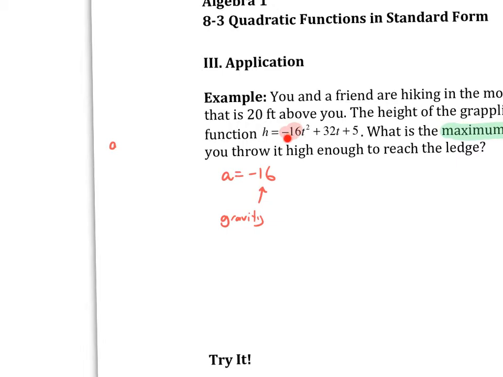And notice it's in the negative direction. Why? Because stuff gets pulled down to earth. The 32, again, you don't need to know what the 32 does. You just need to know how to use it. So B is 32. That has to do with how hard you throw it. The force, let's try not force, the initial velocity.